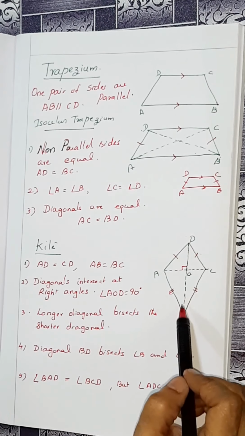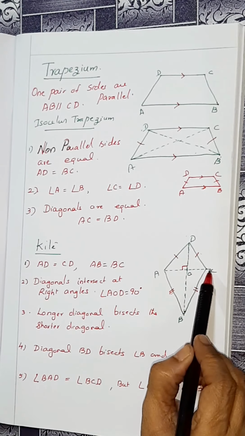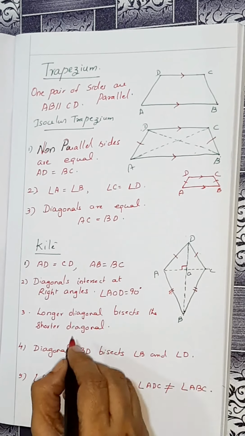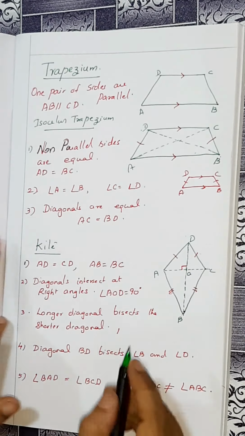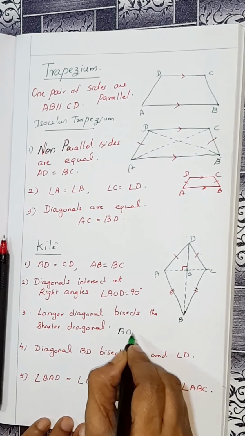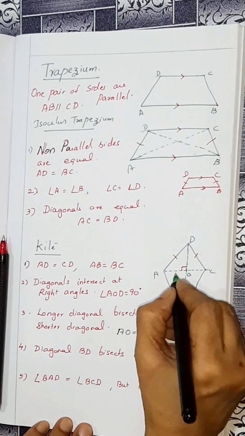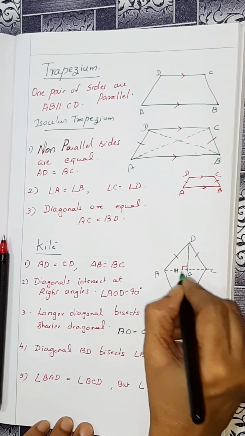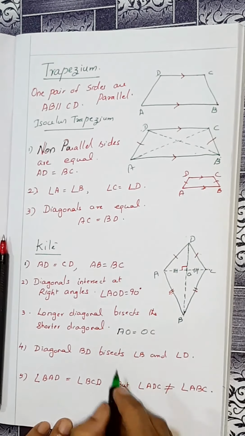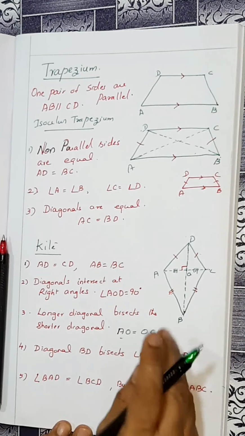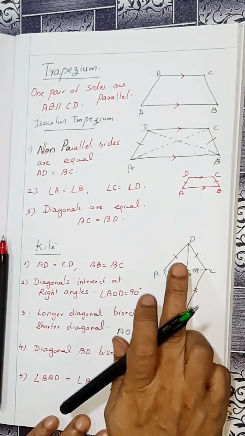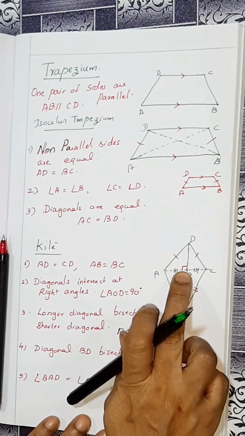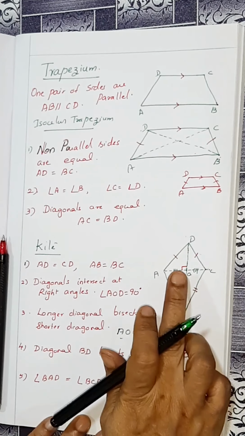Then the longer diagonal will bisect the smaller diagonal. That means AO is equal to OC. The longer diagonal will bisect the smaller diagonal, but they intersect at right angles, at 90 degrees.